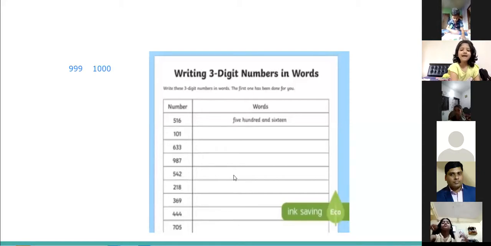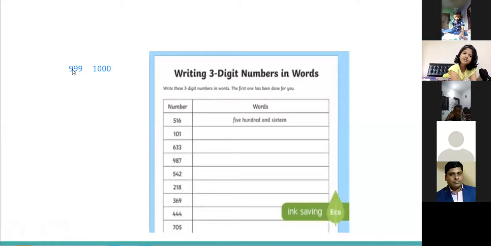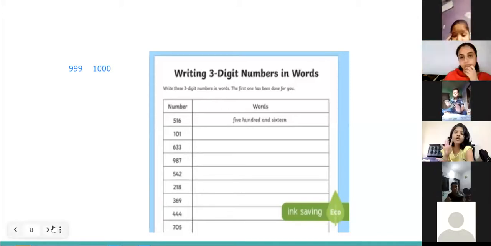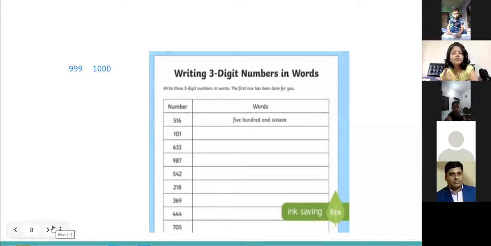So, Meera, what are the different place values that you have here? In the number 999, we had units place, tens place and hundreds place. Now when we are introducing thousands, how many digits can you see here? 4 digits.